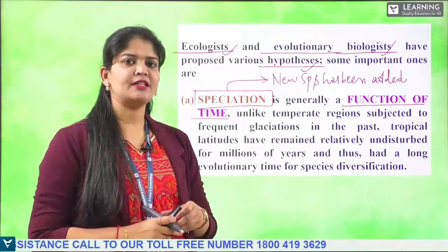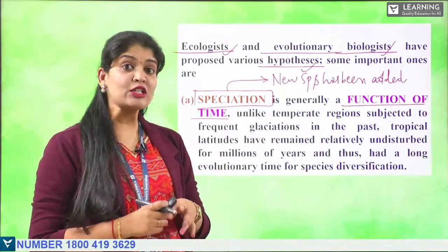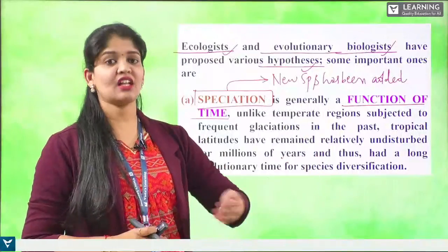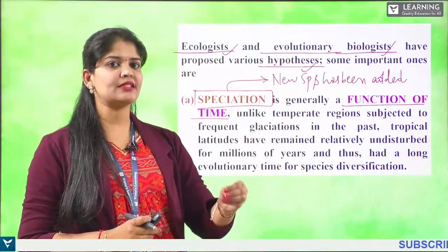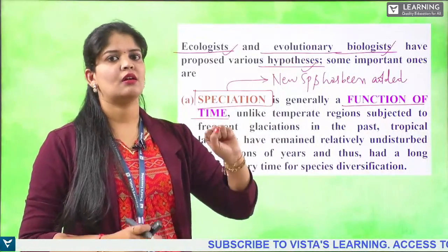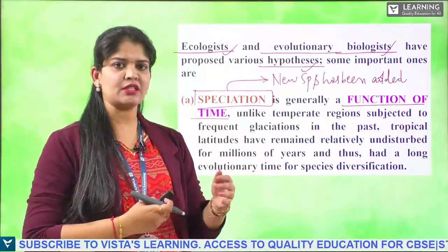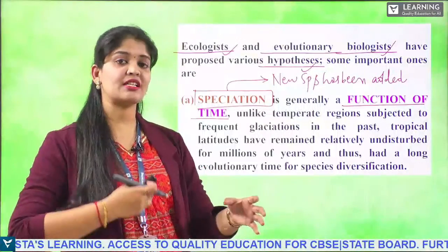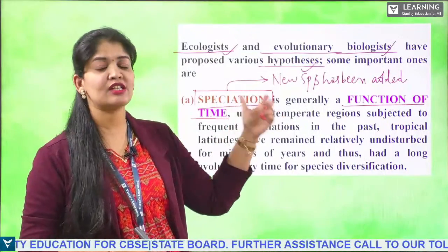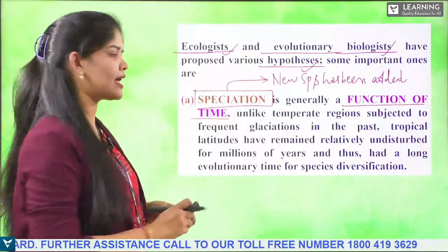Always, the addition of species and increase of species biodiversity is a function of time. As time passes, as the years go by, there is an addition of new species. That is what we are telling, that speciation is generally a function of time.